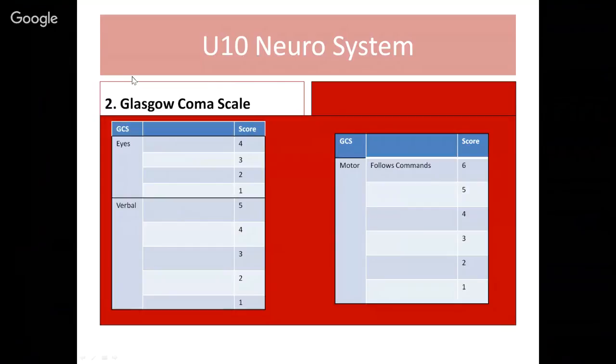Take motor. So number 6 is when someone follows what you say. Follows commands appropriately. 5 is they can localize their own pain, which means they can tell you where it hurts. 4 is withdraws from the pain.